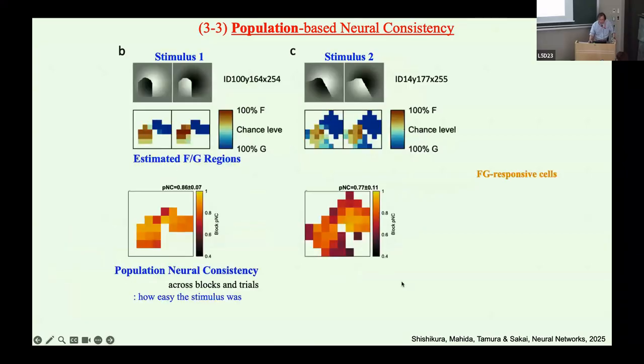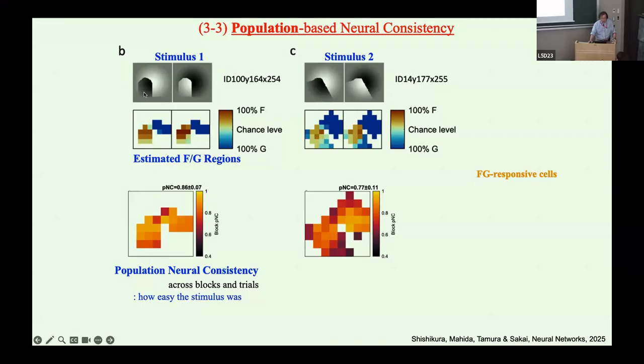Let's see the result. This slide shows two example stimuli. This is one example, and this is the result of the SVM. The orange shows figure and bluish shows ground. In this case, I showed two identical stimuli in opposite contrast.